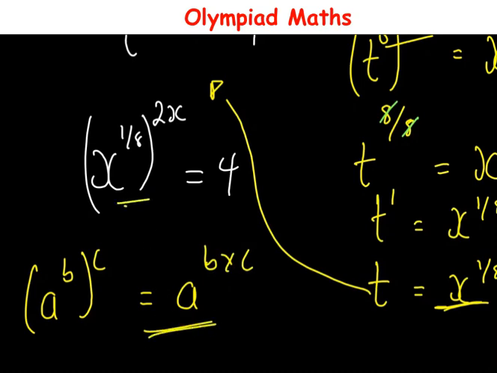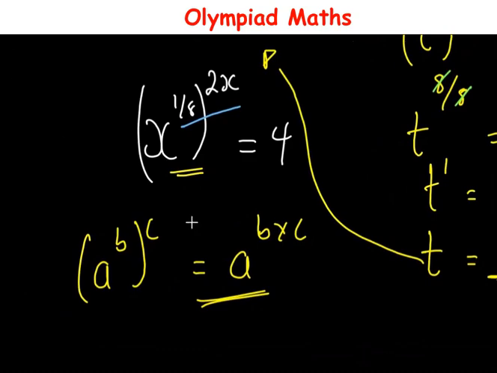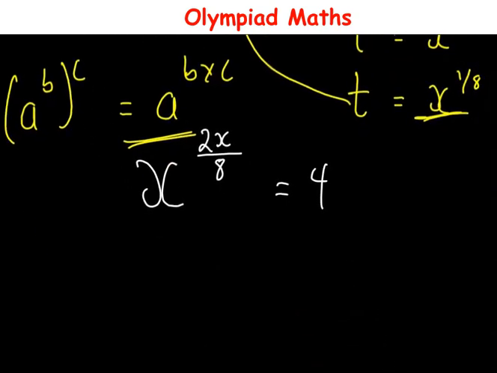Applying this rule right here, what will happen is that power 1 over 8 will multiply 2x, so what we have is x raised to power 1 times 2x, which is 2x over 8, is equal to 4. So from here, 2 divided by 8 is 1 over 4. So we have x raised to power x over 4 is equal to 4.